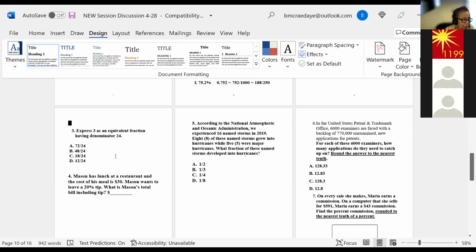Number 3. Express 3 as an equivalent fraction having denominator 24. So what number over 24 will give you 3?